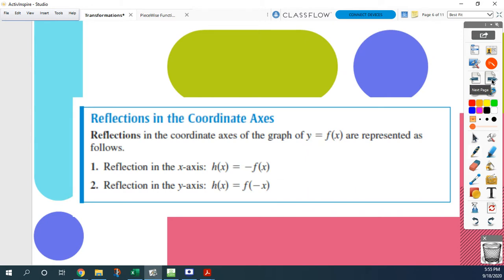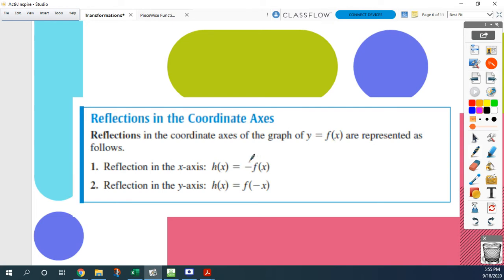So remember, the next type of transformation that we have is a reflection. And we have two different types. We can either reflect it across our x-axis or we can reflect it across our y-axis. And again, it's going to depend upon if the operation is on the inside or the outside of our function. And what's going to do that is if it's a negative.